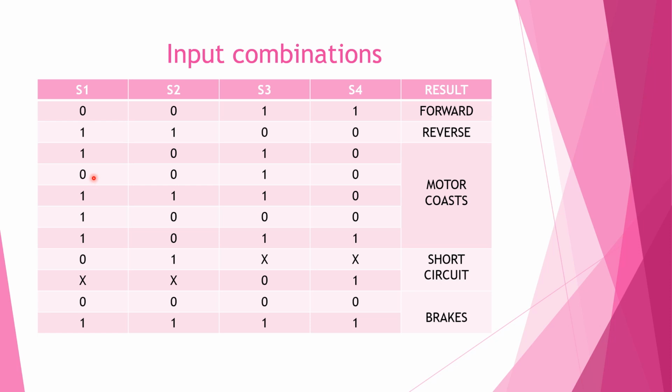This transistor will be on, and at that condition the motor comes slowly to rest. And here you can see only this transistor is on, that is 1110. And here again S3 alone, this transistor is on, and in all these four combinations the motor slows down to rest.